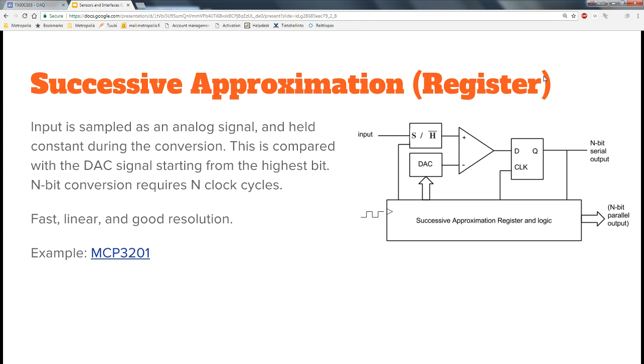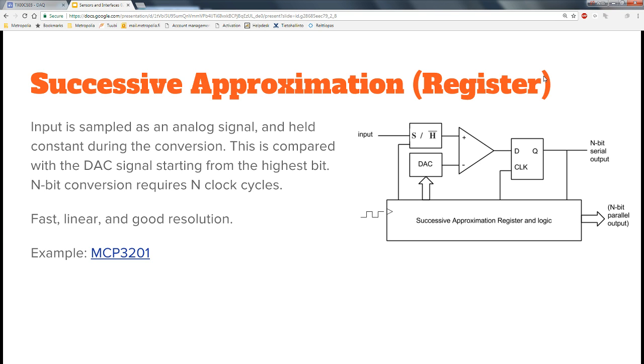Very high precision and also quite fast, since you can do those comparisons at rates up to say 100 megahertz, which means that you can have in the order of 10 megahertz sampling rate for a 10-bit A to D. Pretty good.